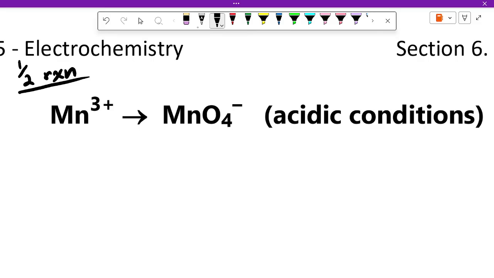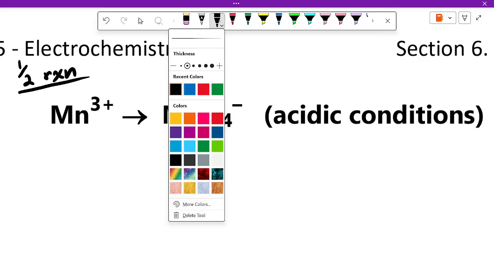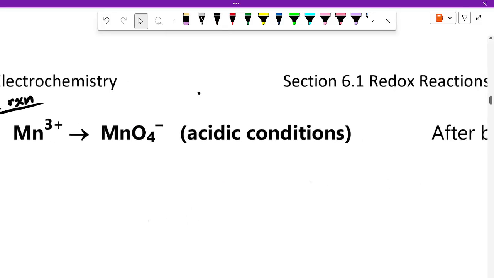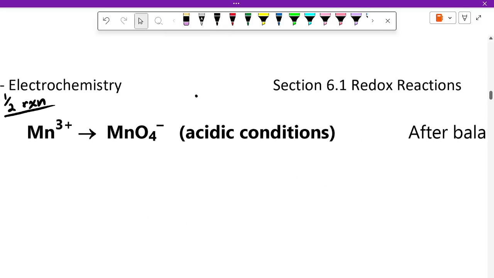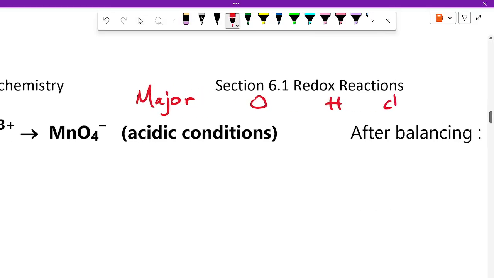Okay. Let us balance it though. And what are the 4 steps that we use? We have major. What comes after major? O, and then H, and then charge.